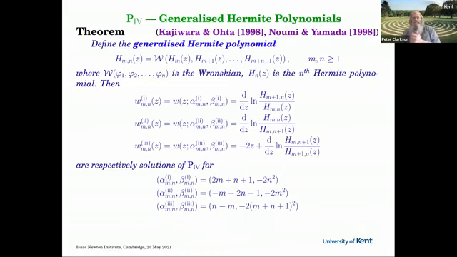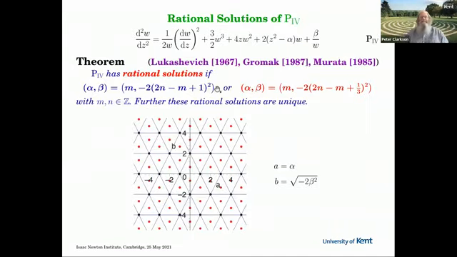Now, the way to describe these is in terms of a generalized Hermite polynomial. And this is the blue set, so this is the blue dots for these values of the parameters here. The only difference between these is I've got a 1 here and I've got a third there.